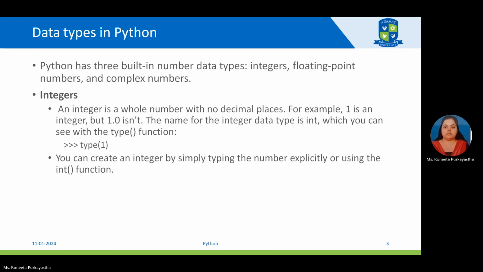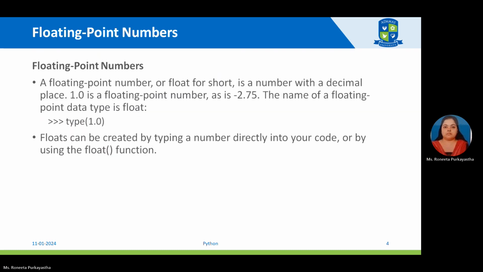So how can we create an integer? We can create an integer by simply typing the number explicitly, or we can just use the integer function to create the particular integer.